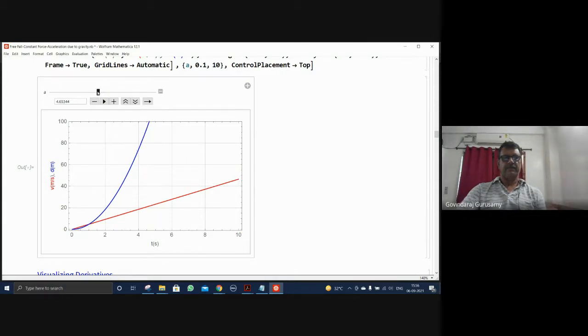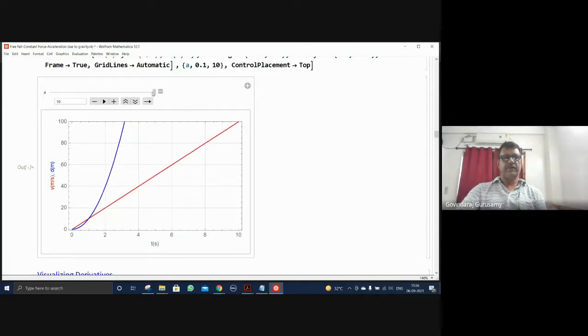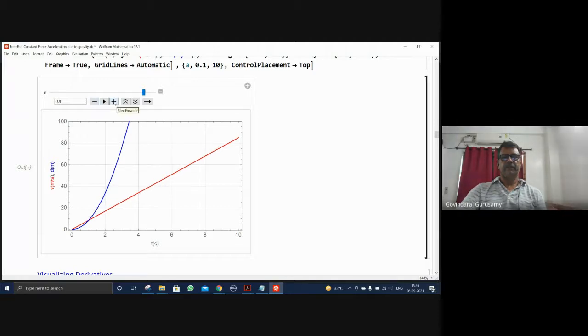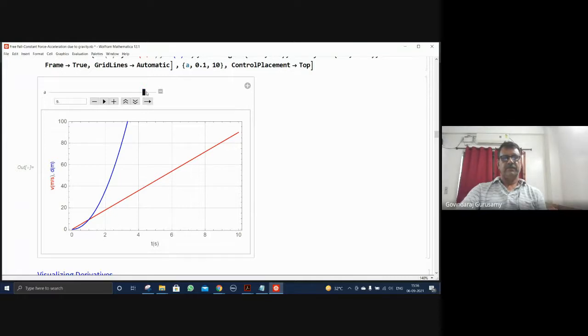I'll go to some other number. If I go to exactly 9.81, that corresponds to the acceleration due to gravity which we had fixed. I think it goes in steps of 0.5, close to 9, 9.8.